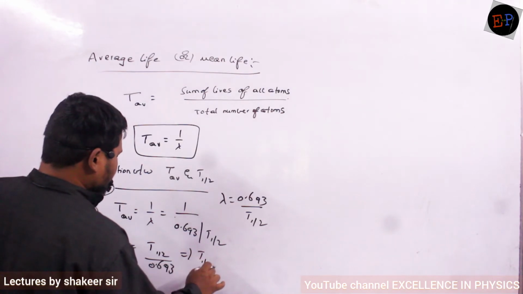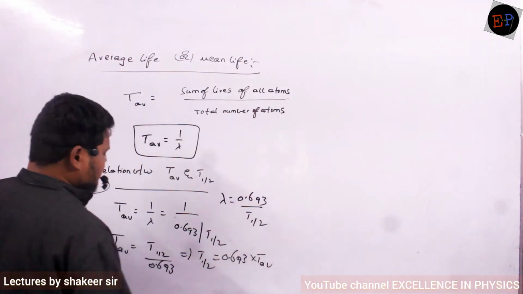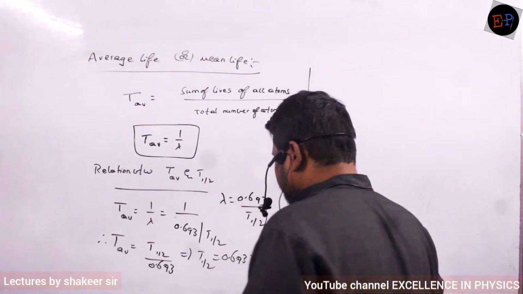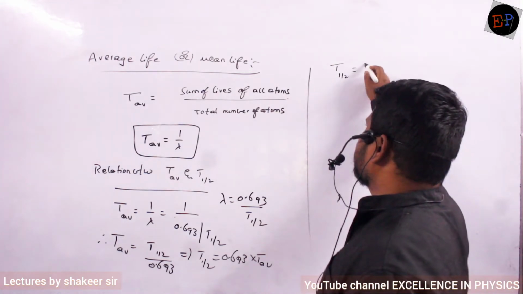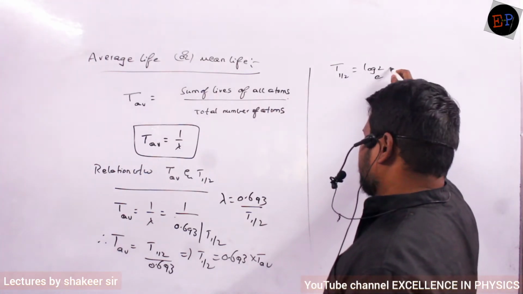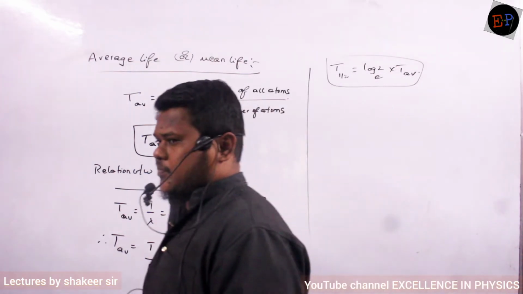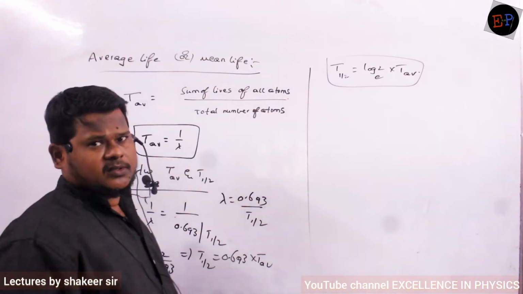Therefore half life is 0.693 multiplied by T average, and 0.693 is nothing but log 2 to the base e. So T 1 by 2 can be written as log 2 to the base e multiplied by T average. This is the relation between half life and T average. Understood? So these relations you should remember.